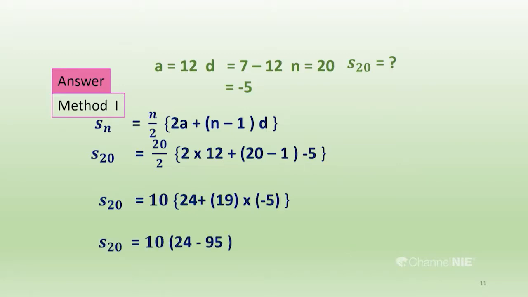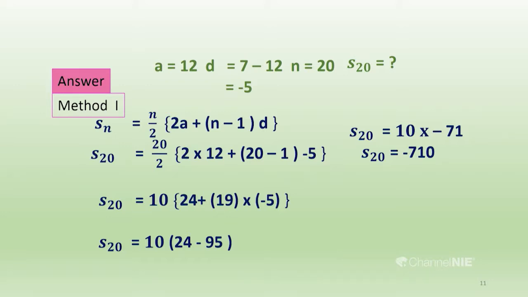Then we get the next step: 24 minus 95. 19 multiplied by minus 5 makes 95. So then we get the answer. S20, the sum up to the 20th term, is minus 710. Did you get that? Okay.